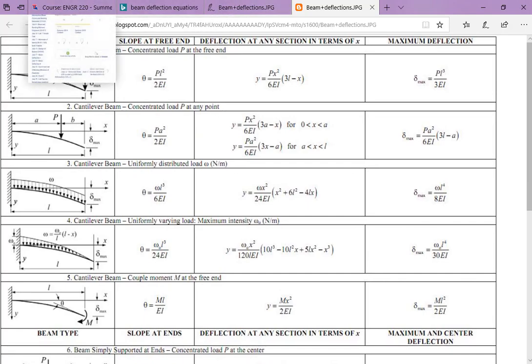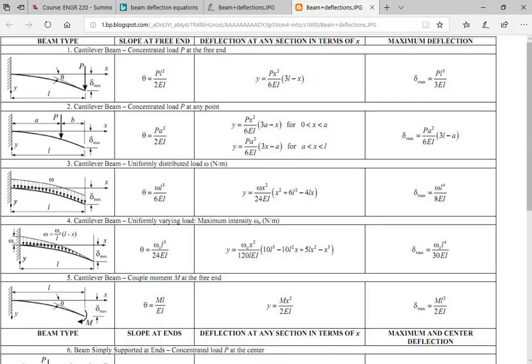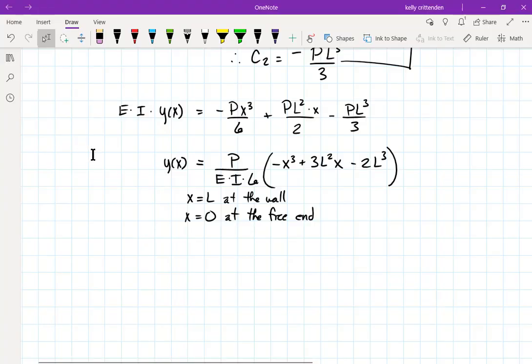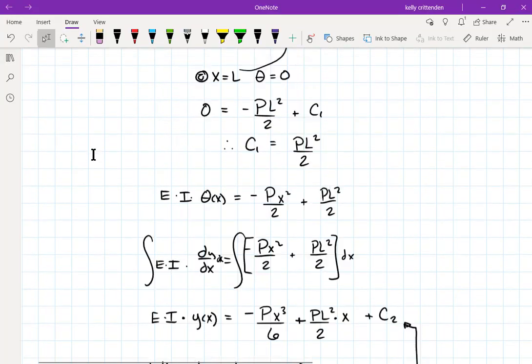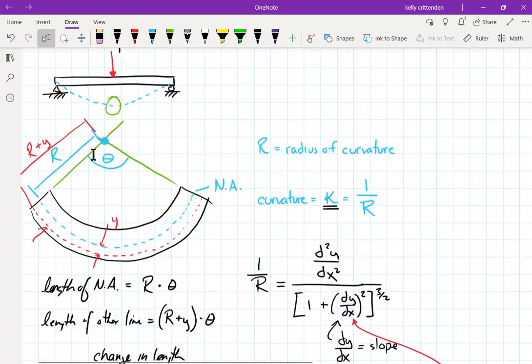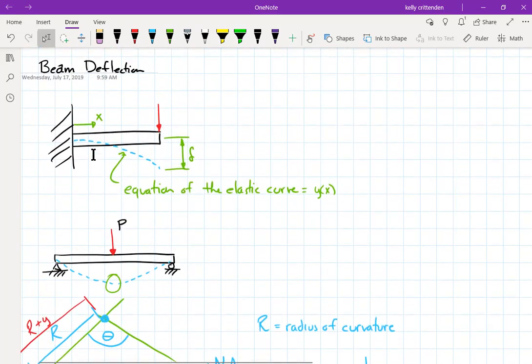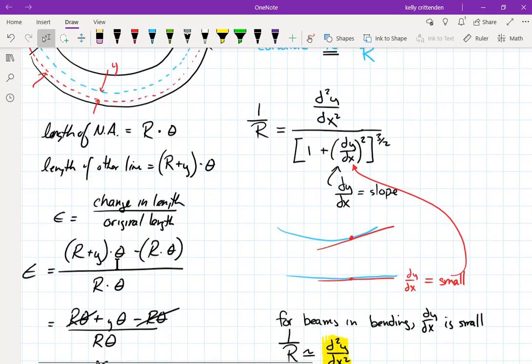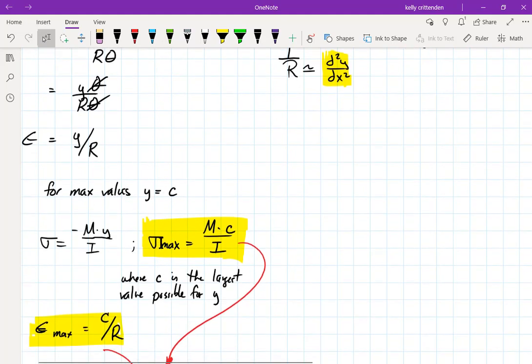Let's see. I think that is all we need to do from here. I'm not going to ask you on an exam anyway to go and generate one of these equations. One of these y of x.